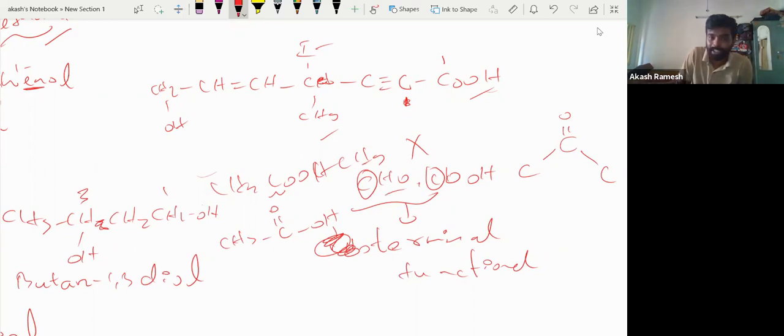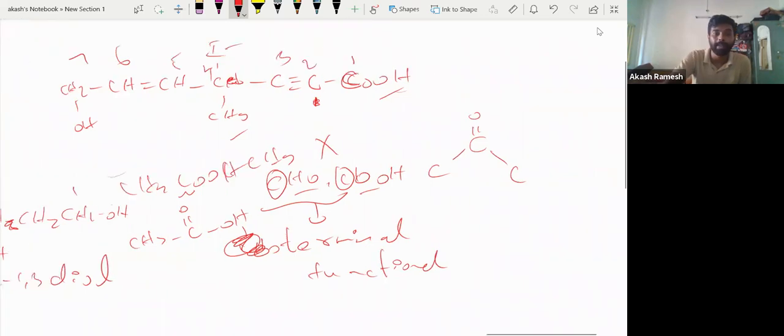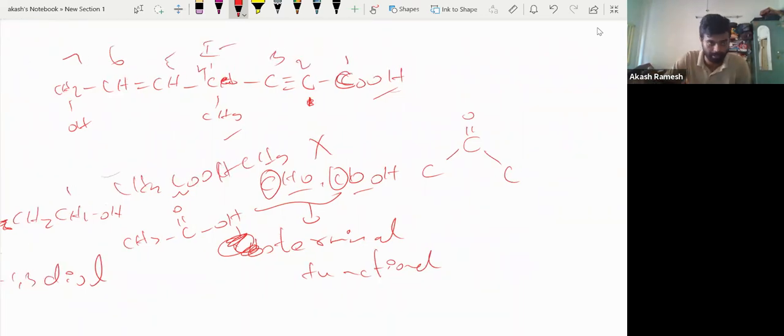But CHO and COOH are terminal functional groups, which means they will come only at the ends. Anyways, now you have to understand how to start numbering from here. This is the first carbon: 1, 2, 3, 4, 5, 6, 7. 7 carbon atoms. Now, let me get done with the prefix part first.